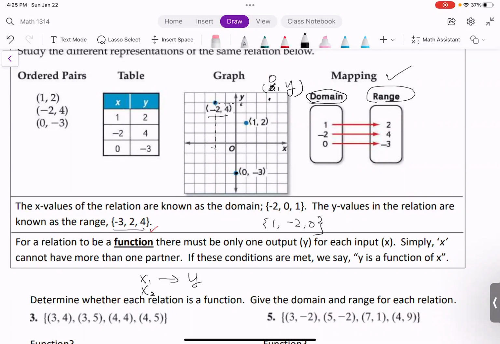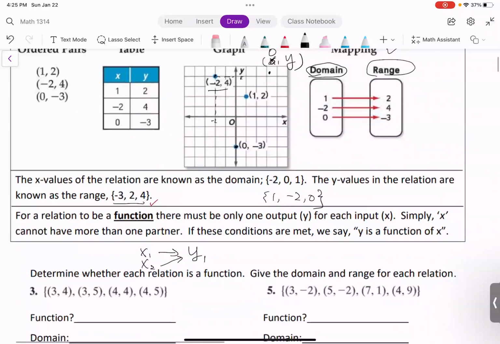X sub 2 is mapping to Y1, Y2. And also we can have another relationship where X sub 2 is also mapping to Y sub 1. That also means X cannot have more than one partner, but Y can have more than one partner.